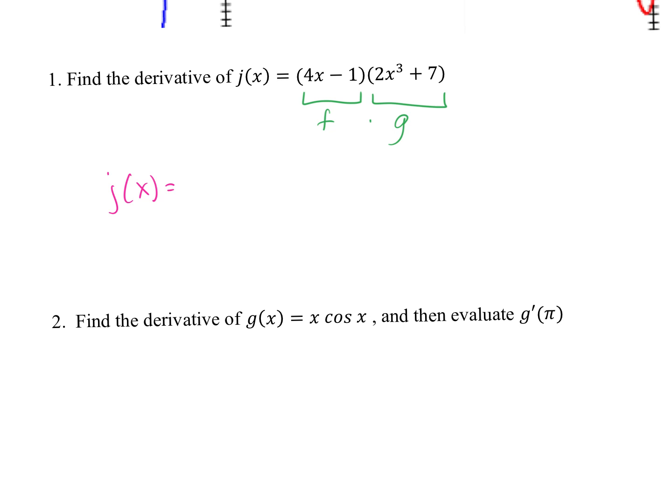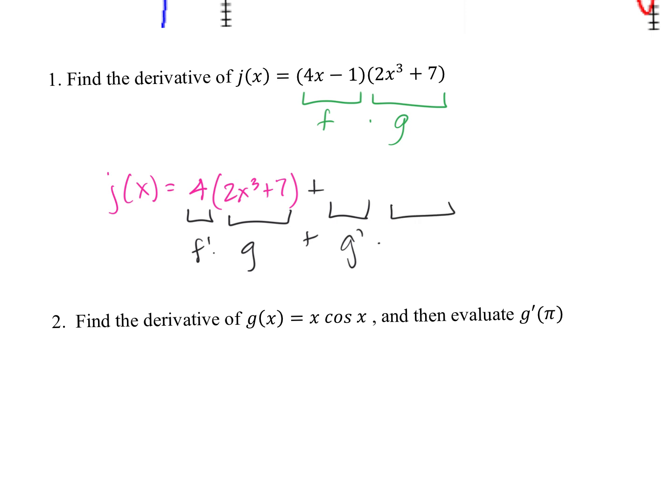Let's go get f prime. 4 times g. A beautiful. That right there is f prime times g plus, now we got to go g prime. 6x squared, baby. 6x squared times f.